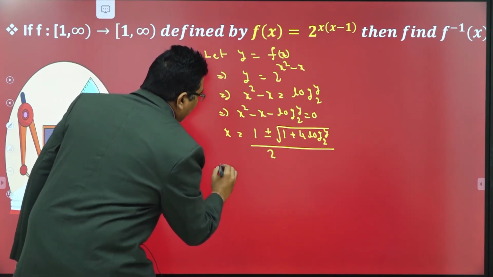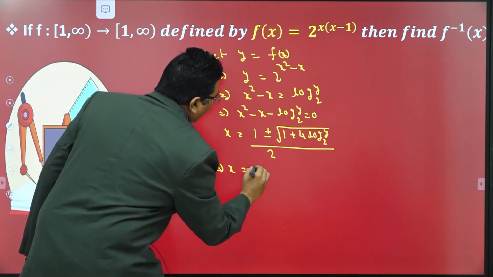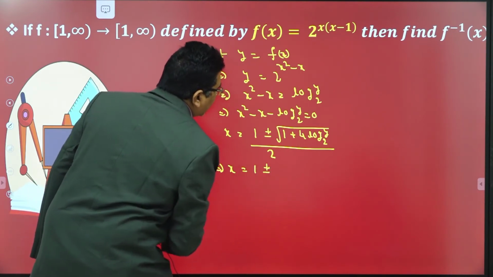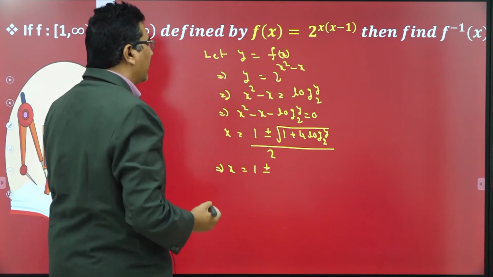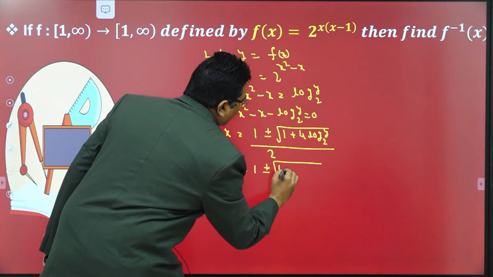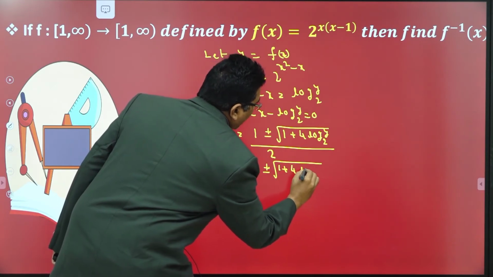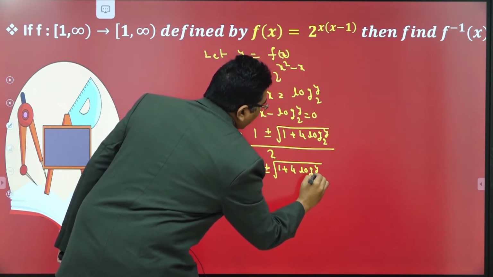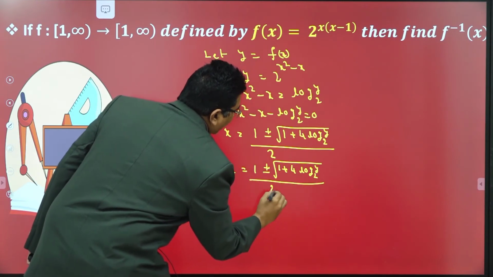That implies x is equal to 1 plus or minus square root of 1 plus 4 log y base 2 divided by 2.